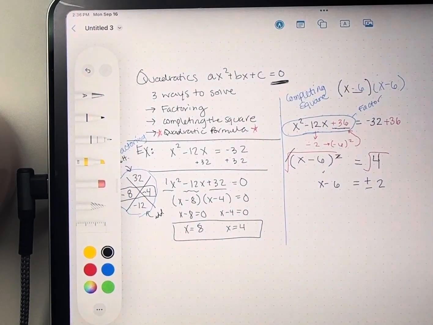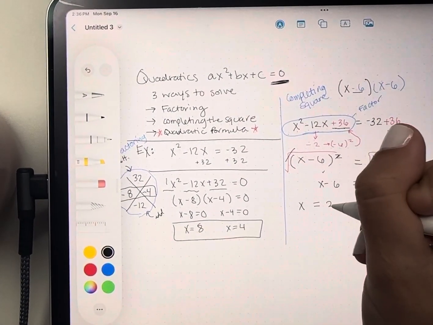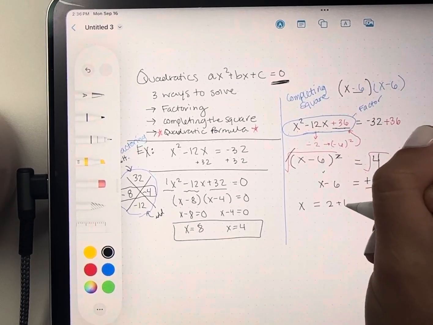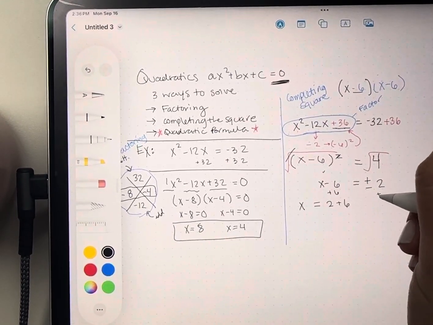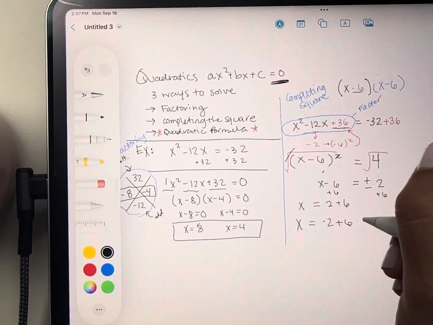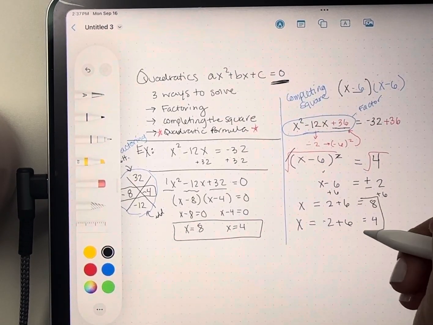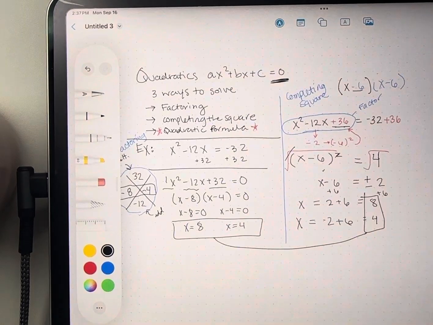But plus or minus 2. So now I have x is equal to positive 2 plus 6, because I have to add the 6 to both sides. Or I have that x equals negative 2 plus 6. So it's either 8 or it's 4. Okay? And look at that, the same answers.